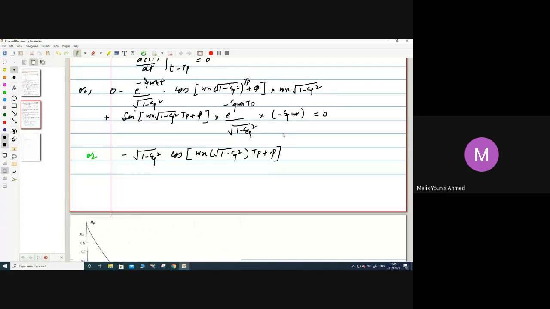So the second term will be plus xi sine of omega n under root of 1 minus xi square into again tp plus phi, and that you can substitute equal to 0.